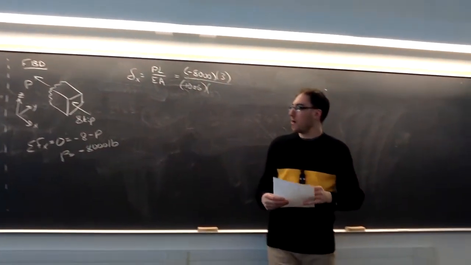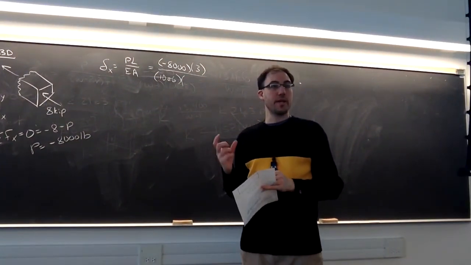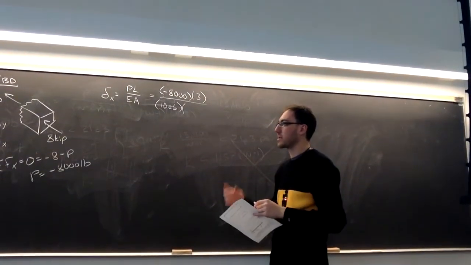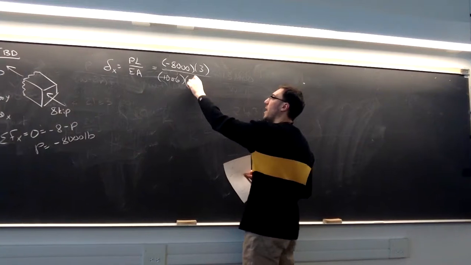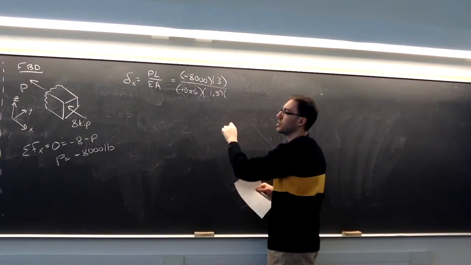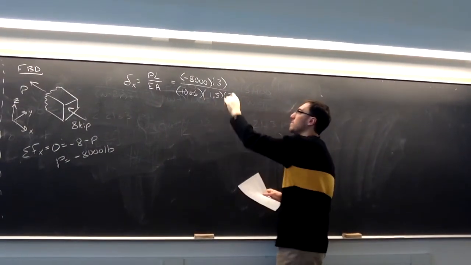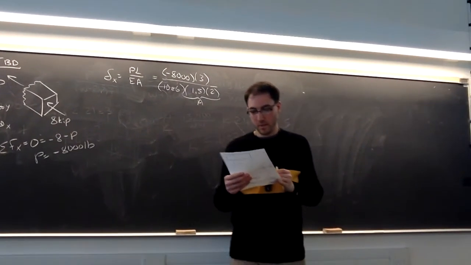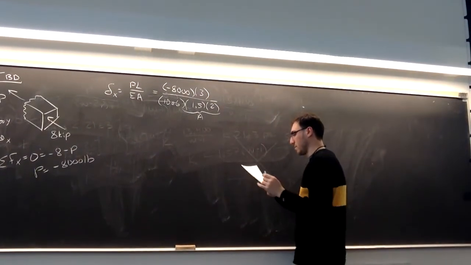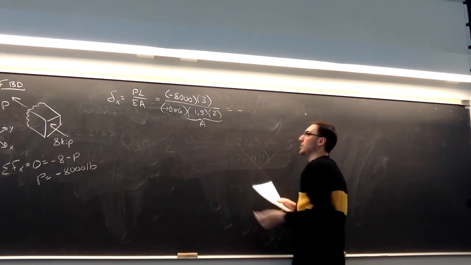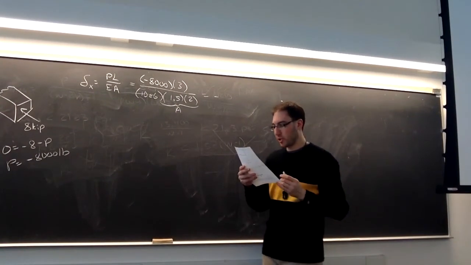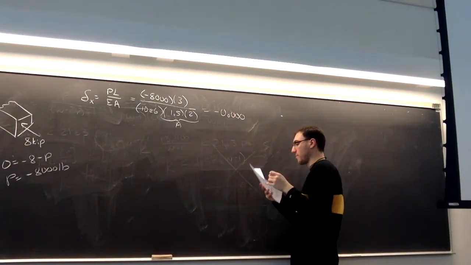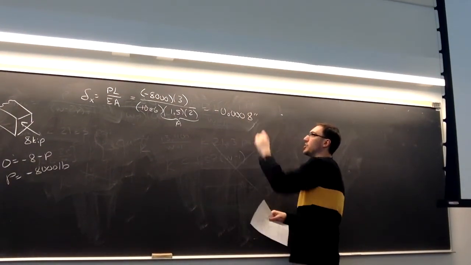And the cross-sectional area uses the original lengths, not the stretched or compressed lengths. So originally, it's 1.5 inches by 2 inches. So the change in length along the X direction is 0.0008 inches.